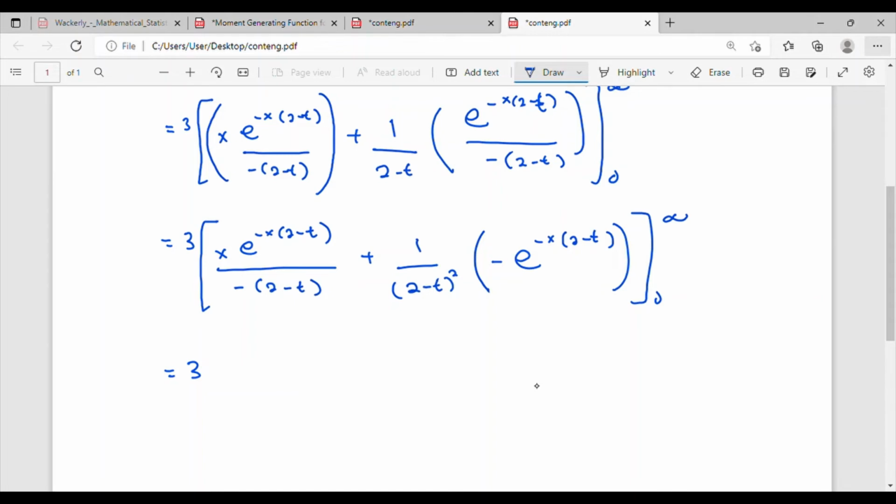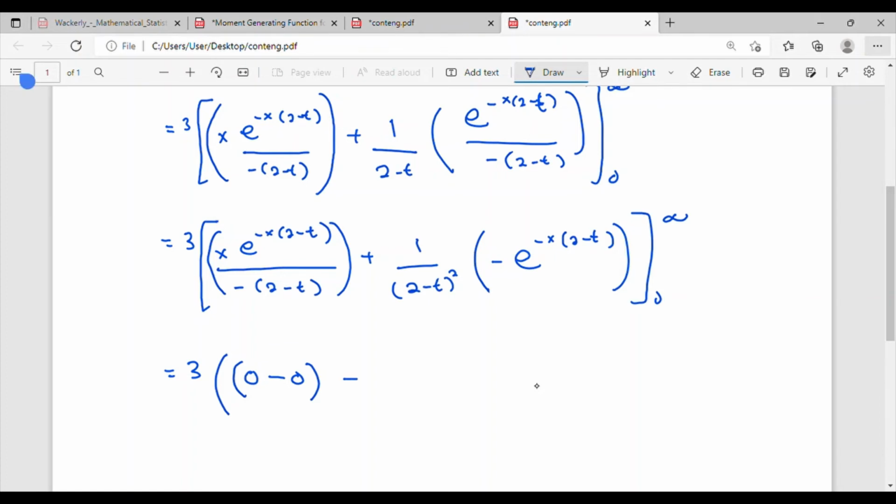Alright, let's finish this. First thing first, we replace all the x with infinity. So e power of negative infinity is 0, so it will be 0 here. Minus, when you replace x with 0, you get 0 for this part, right?